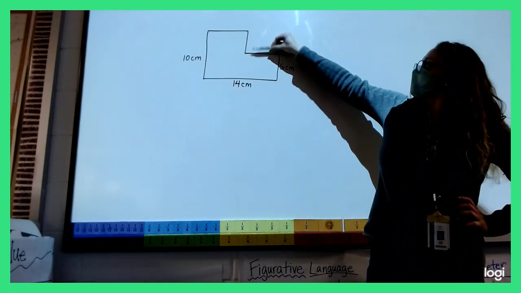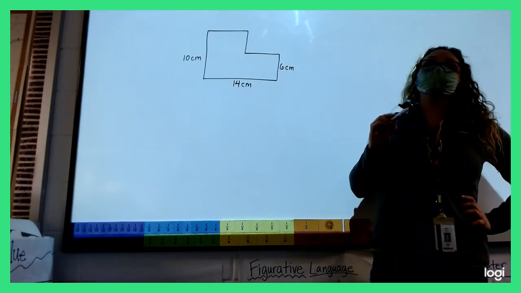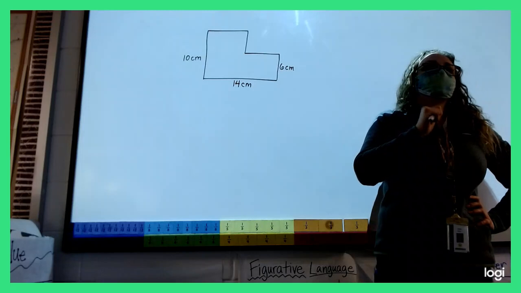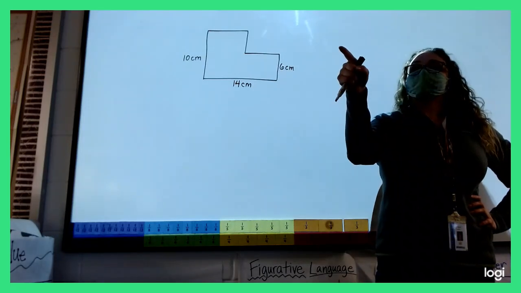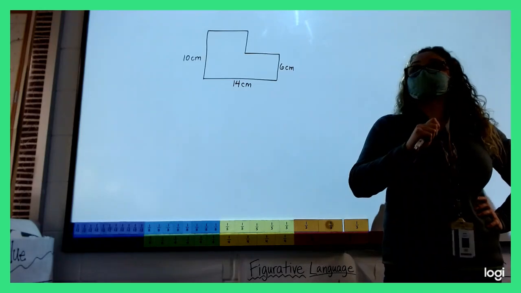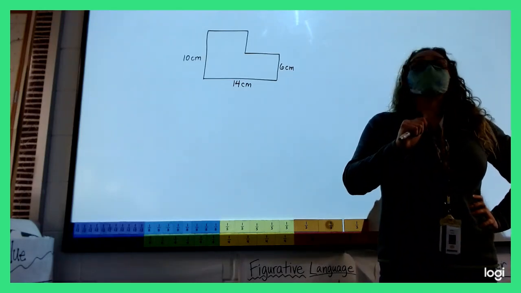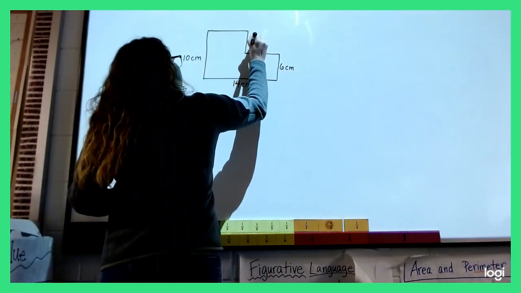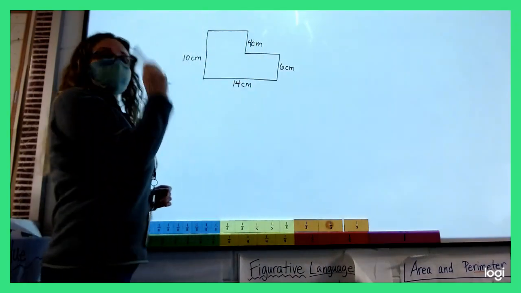Is it 2? Not 2. You're close. Angie? 3? Getting closer. Wait. Liam? 6? Getting colder. Cadence? 4. 4. How'd you know that? 6 plus 4 is 10. Okay, 6 plus 4 is 10. Huh. All right, good to keep in our heads.